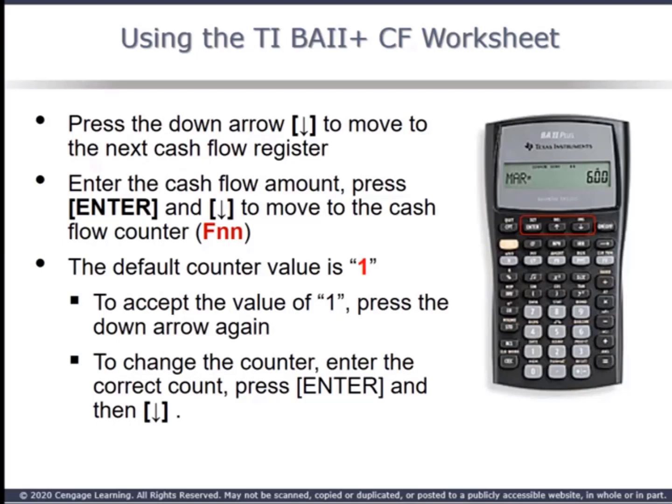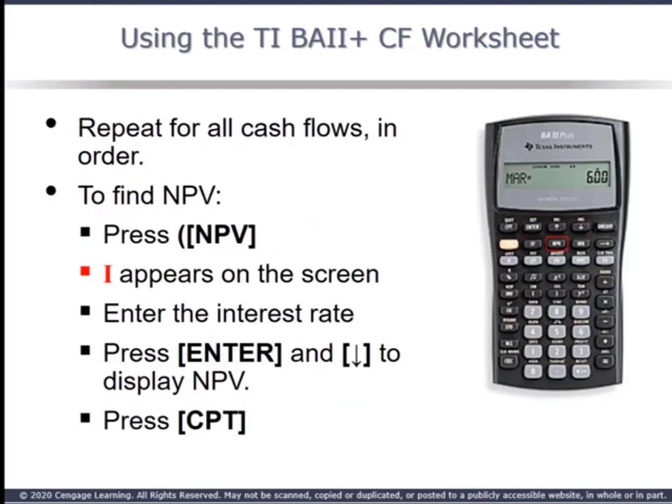The default value is 1. Continue entering cash flows and frequencies until all are entered. To find the NPV of the uneven cash flow stream, press NPV. The display shows I equal to 0, asking for the discount rate. Enter the rate and press Enter and down. The display will show NPV equals 0. Press Compute, and the computed NPV will be displayed.